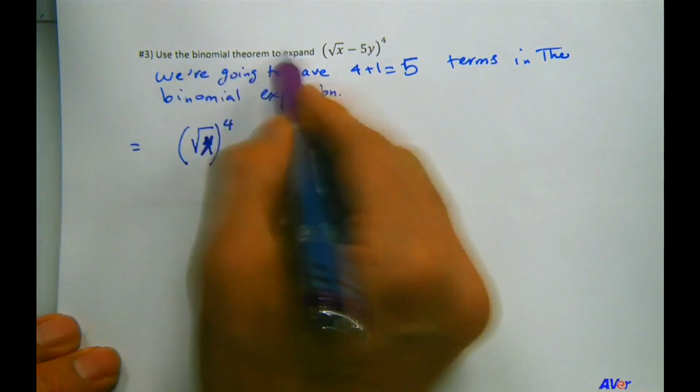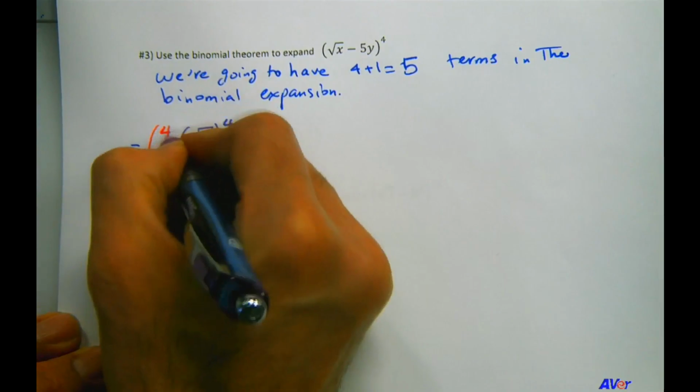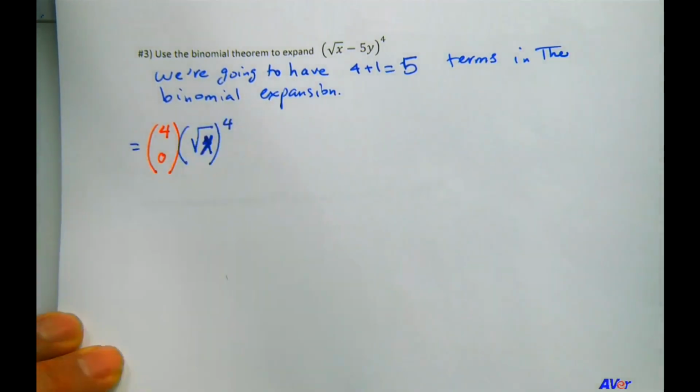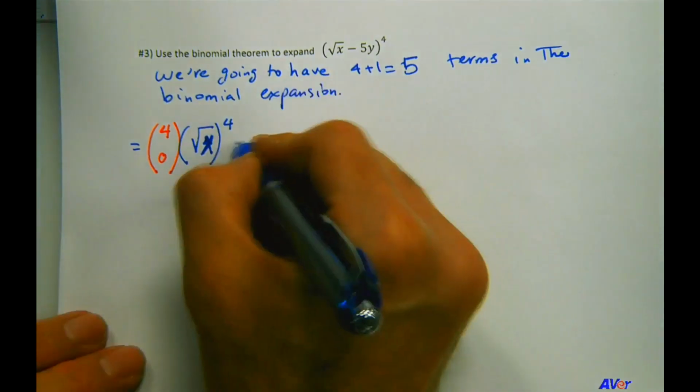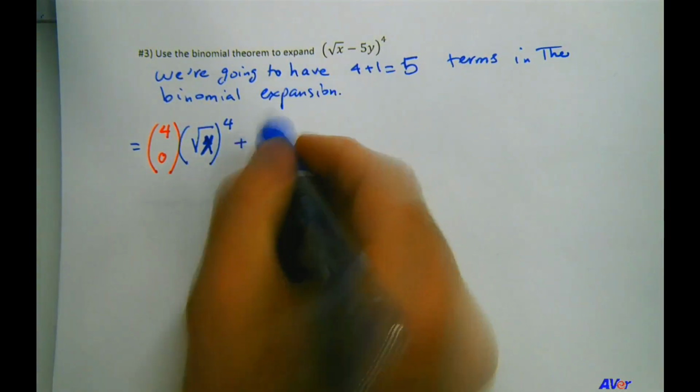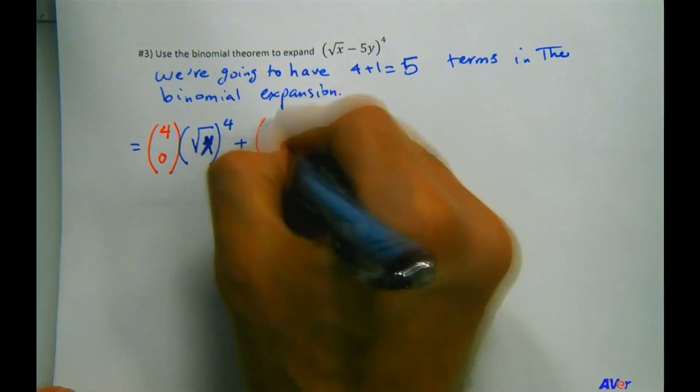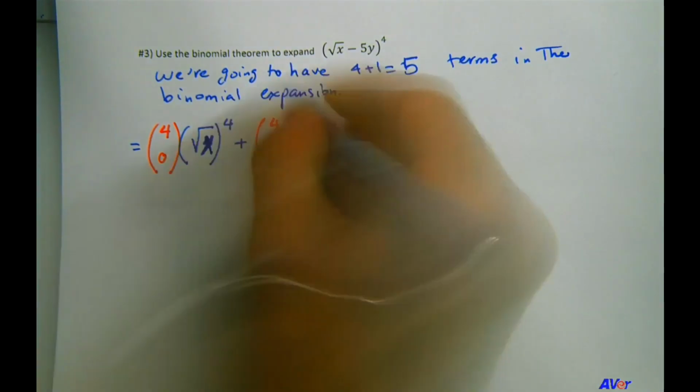Using the binomial theorem, it's going to be 4 choose 0, right? So, plus the coefficient of the second term, we know it's going to be 4 choose 1.